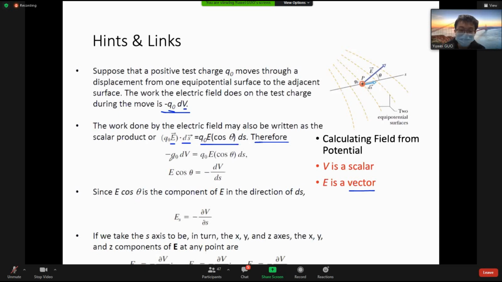Therefore we can get this equation: the potential times Q is equal to Q times E times the path.